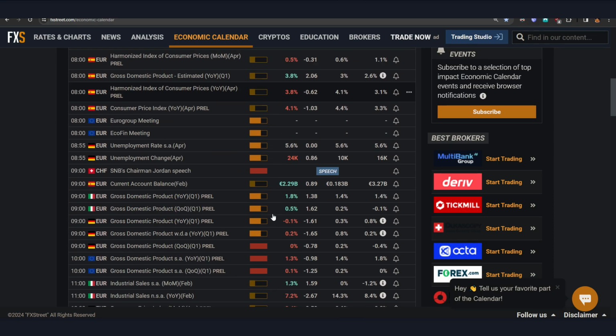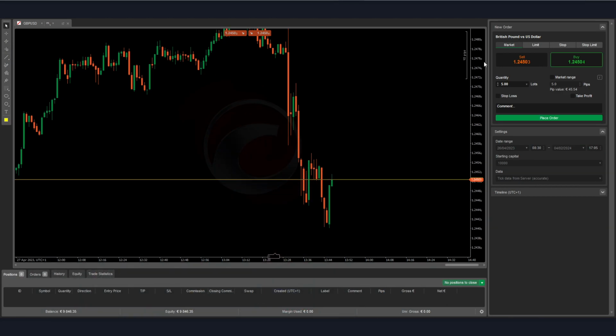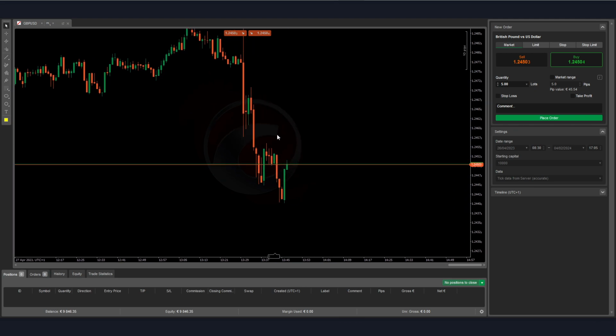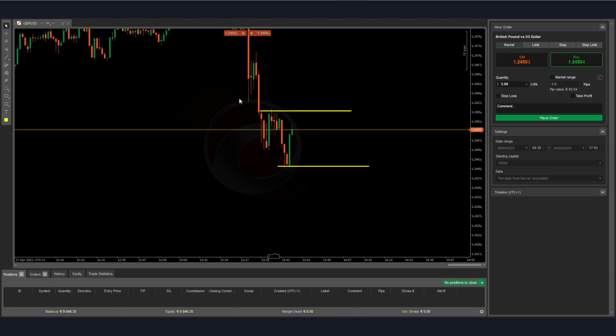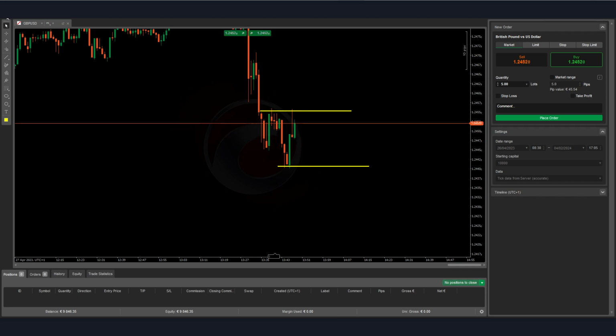What do we have tomorrow? Tomorrow we have the PCE. Okay, so let's see now. If I knew about the news, I don't know where I would place a sell limit. But now let's see. Below these lows, above these highs.